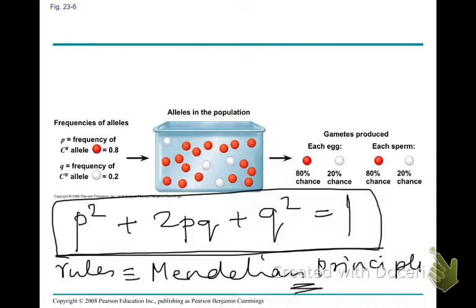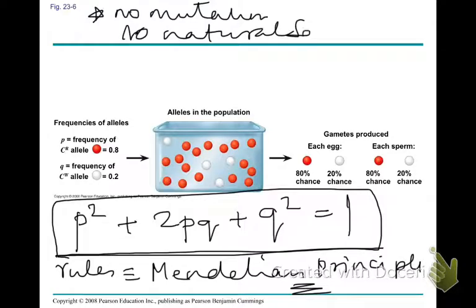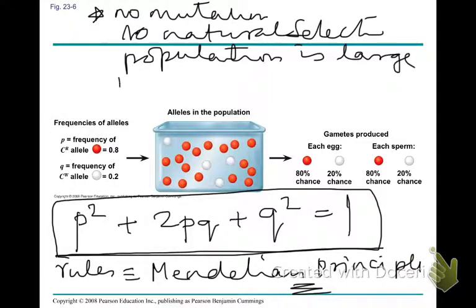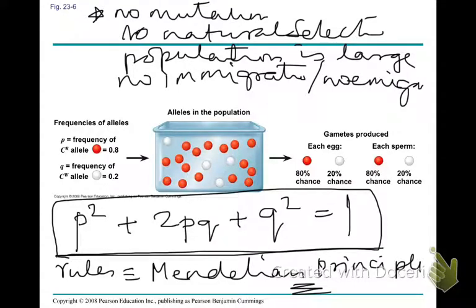Shuffle, and you will keep having them continuously present in that same number in the population, as long as there is no mutation, no natural selection, the population is large, there is no immigration, nothing coming in or going out, and there is random mating.